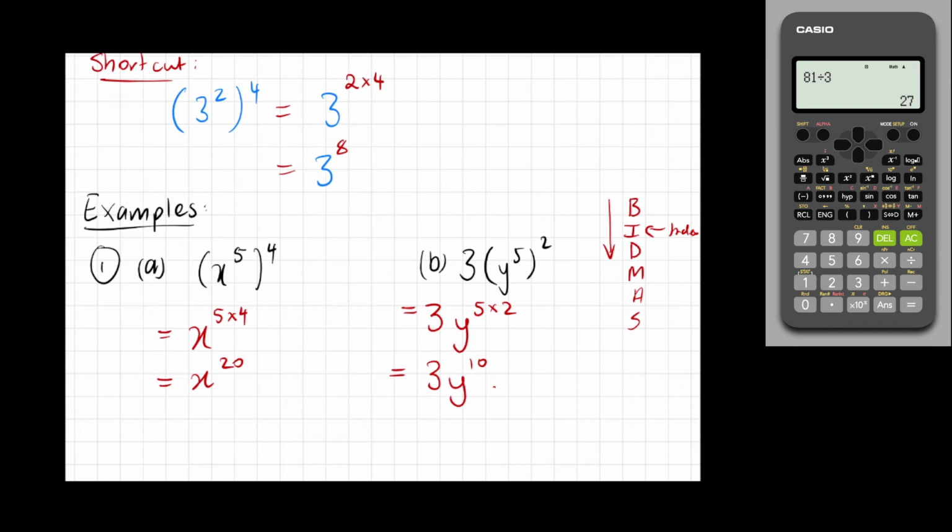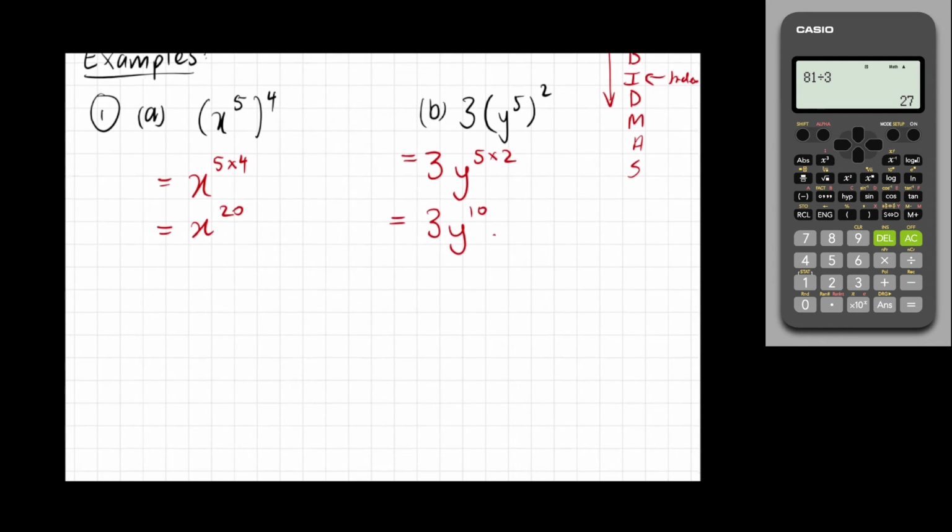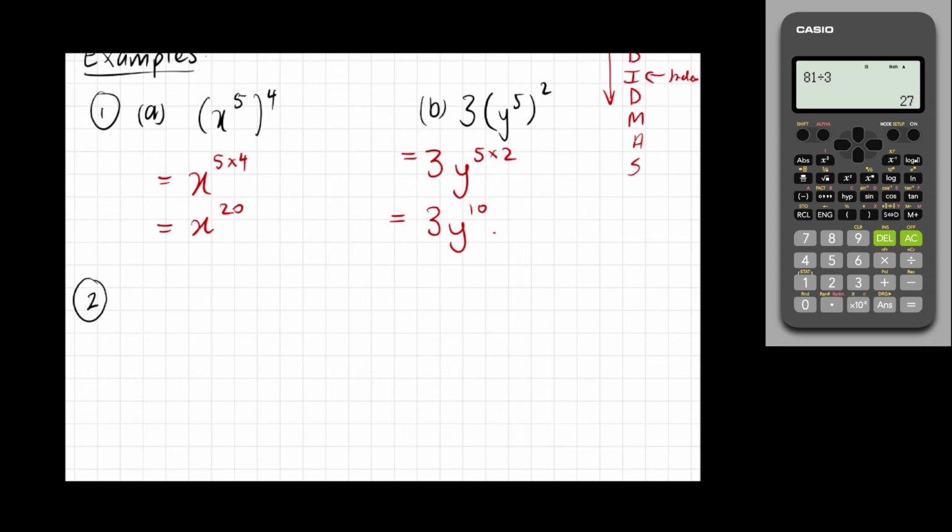Now, I'm going to look at one other type. It's going to be a little bit trickier, nothing too bad. So, let's say we had x to the power of 2, to the power of 3, times x to the power of 3, to the power of 5. So start with the index laws. Do the brackets first.